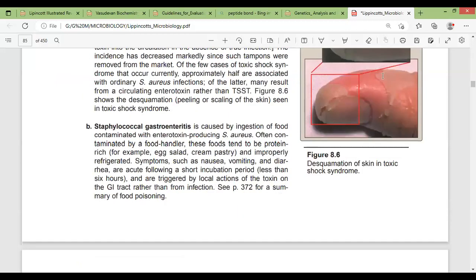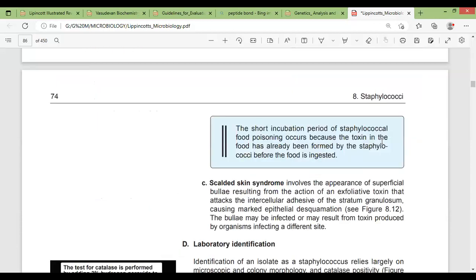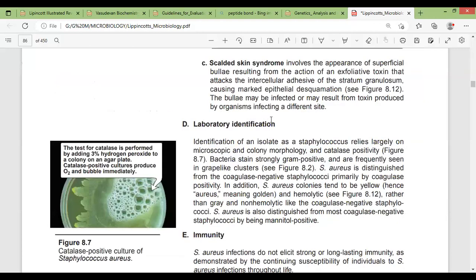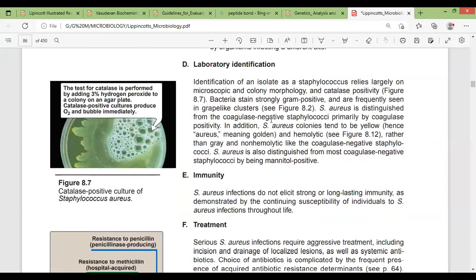Number one is gram positive. They appear in a grape-like manner, in bunches, right? Then if you test, it is coagulase positive. Then the other staph, the Staph epidermidis, the saprophyticus, they are negative. And that's how you distinguish it from Staph aureus.